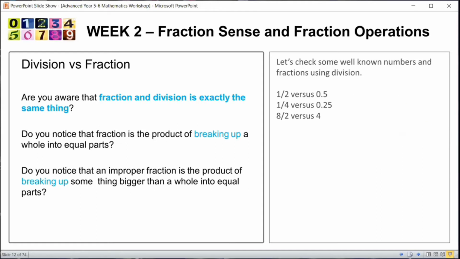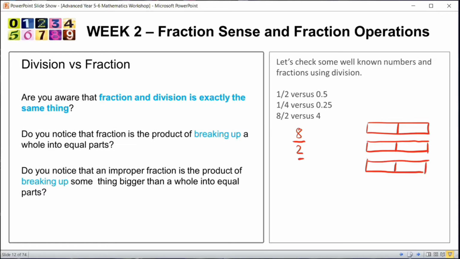Now, the next thing we look at is an improper fraction. So we've got 8 out of 2. If you draw it, it becomes like this. This is 1 whole. And because you have 2 parts, you split into 2 parts, that's not enough, you need another whole. So that's only 4 parts, that's still not enough, so keep on drawing.